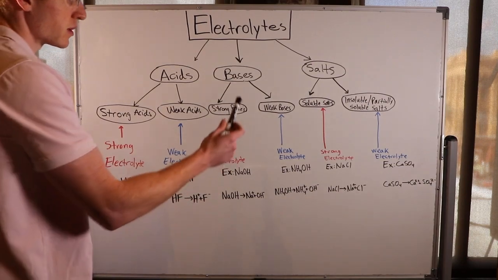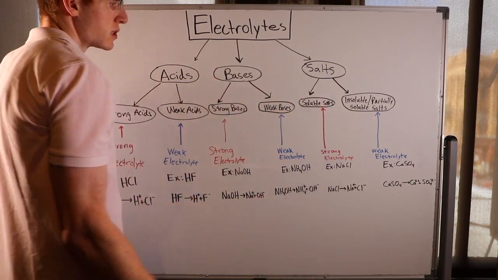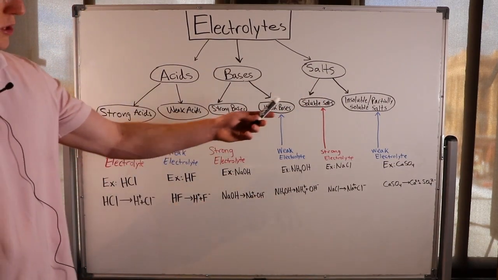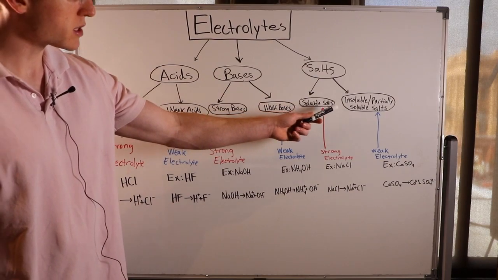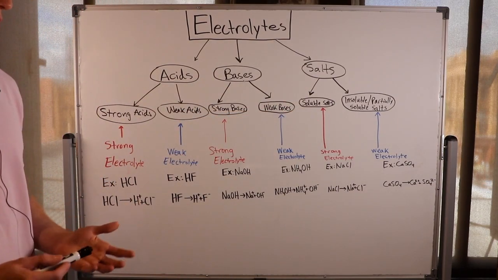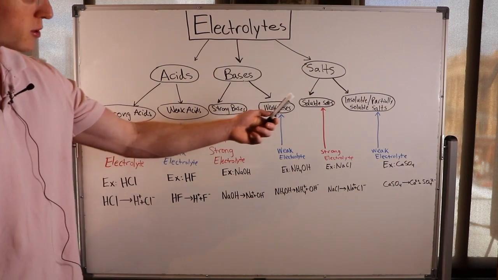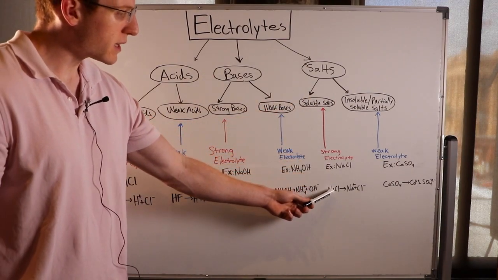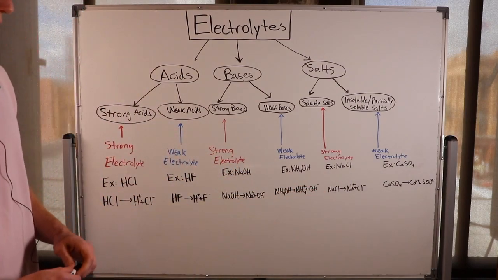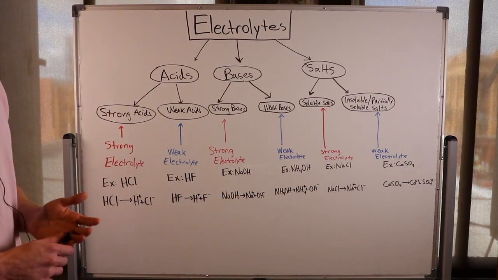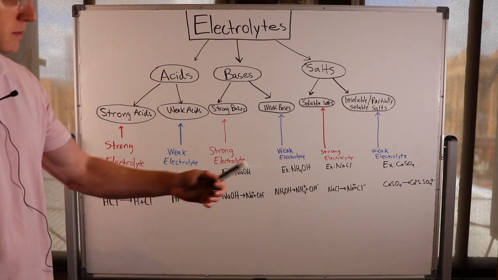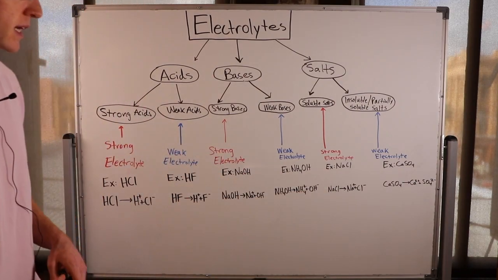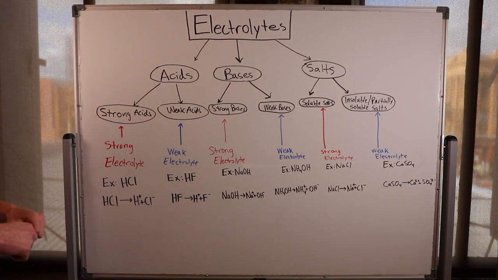The final division of electrolytes is salts. You generally will see salts divided into soluble salts and insoluble or partially soluble salts. Soluble salts are strong electrolytes because they completely break up into their ions. For example, NaCl is a soluble salt because it completely breaks up into Na plus and Cl minus, thus contributing a ton of ions to the solution, which are electrolytes.